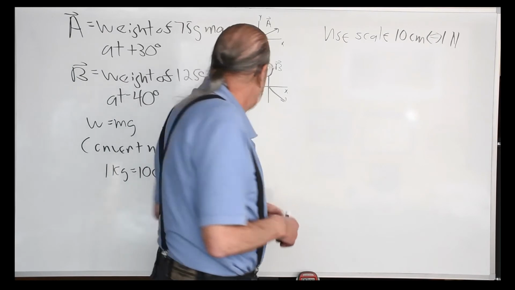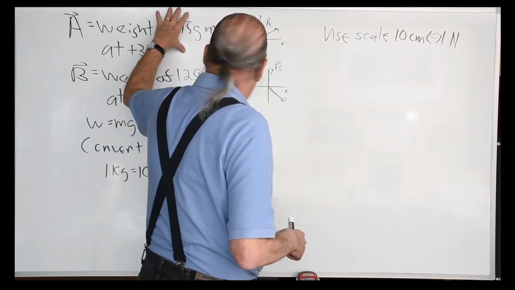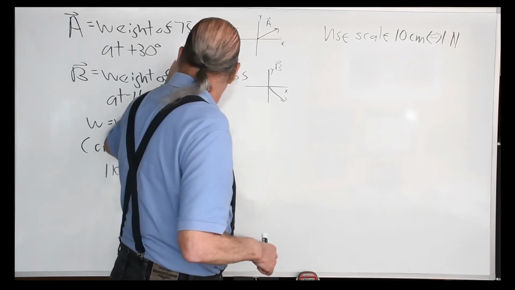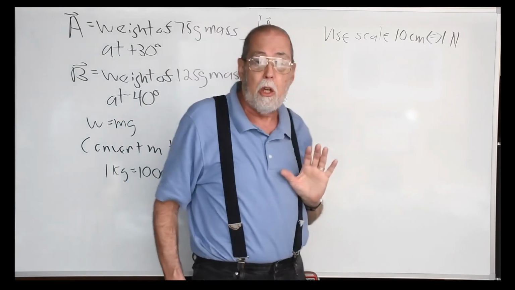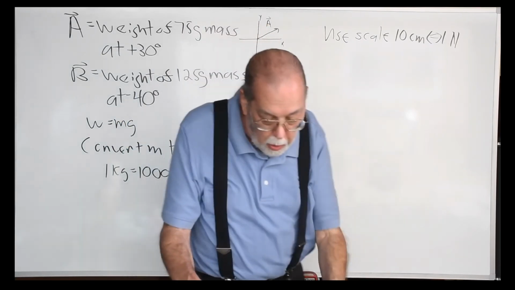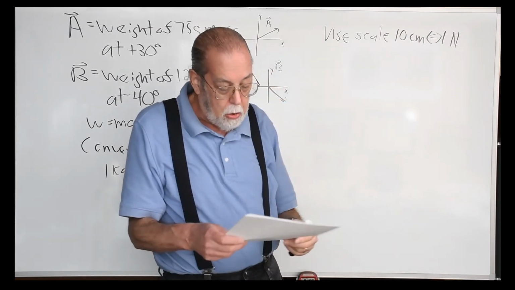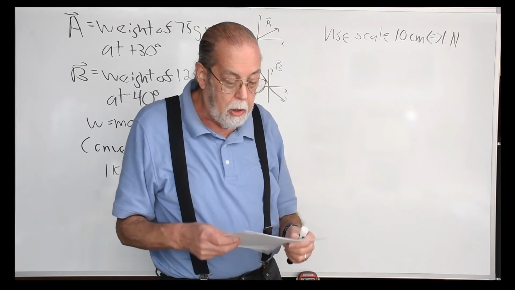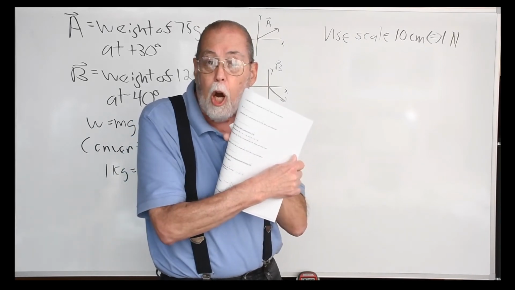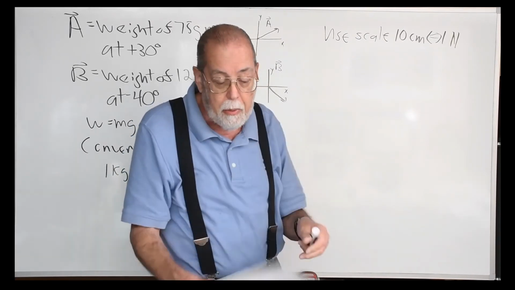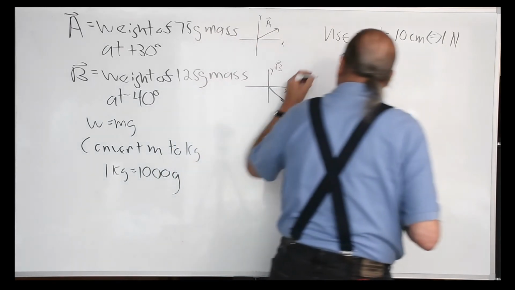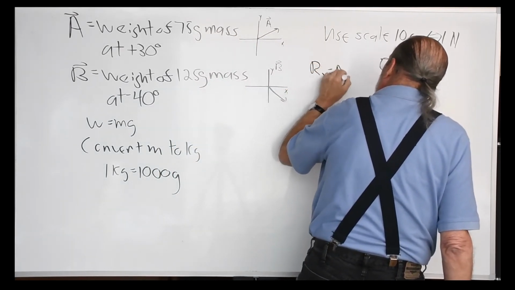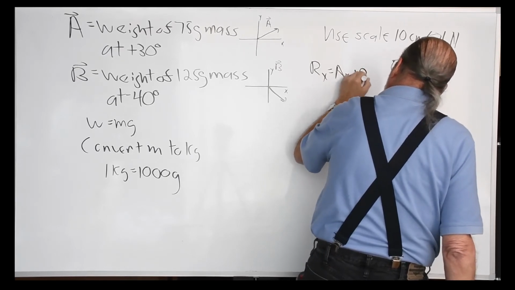Once you have the x and y components of A in newtons and the x and y components of B in newtons, you can then calculate the components of the resultant vector R, where R is A plus B. We know that Rx is Ax plus Bx.